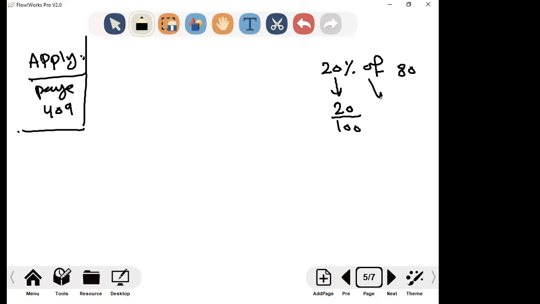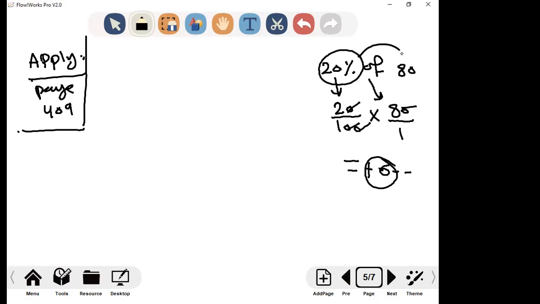The word "of" in math means what? And this is 80, and here over 1. And we find the answer, right? 0, 0, 0. It will be 16. So the 20% of the 80 is how much? 16.